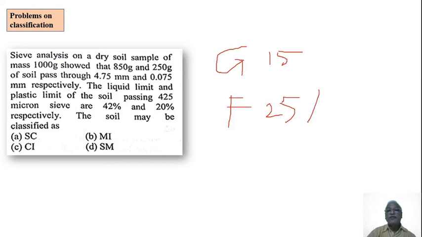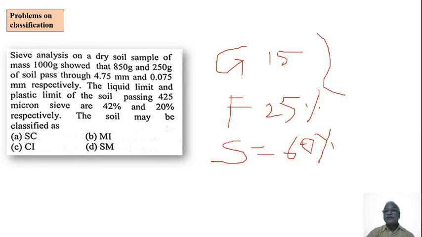Now sand becomes between 85 and 25. 85 minus 25 is 60. So looking at the percentages, I can say that from this data I can classify it as sand.